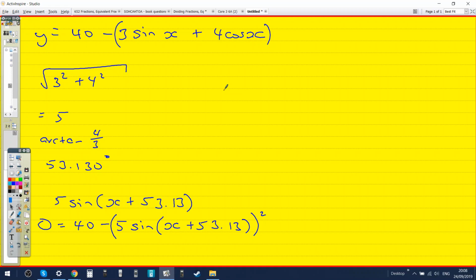So I would bring it to the other side, so it's not negative. Okay. So 5 sine x plus 53.13 equals 40. Oh, all squared. Yep.